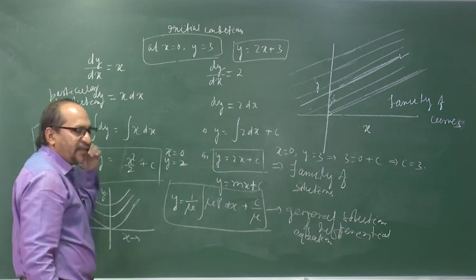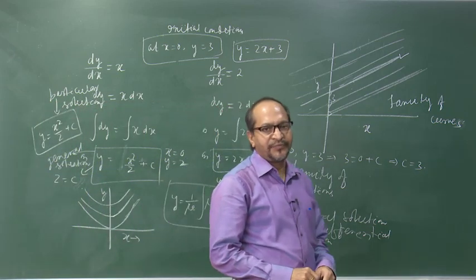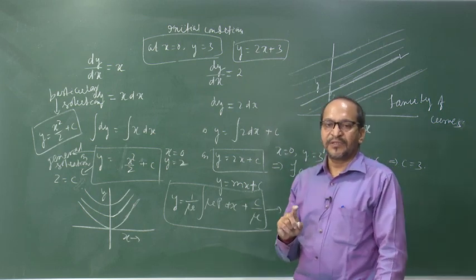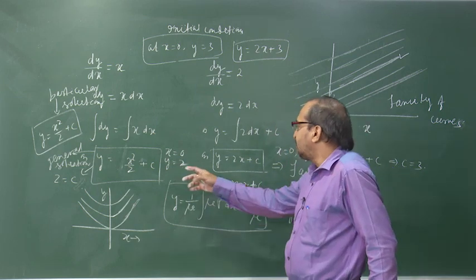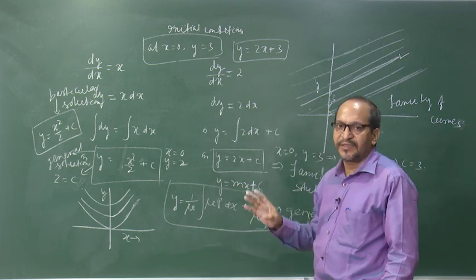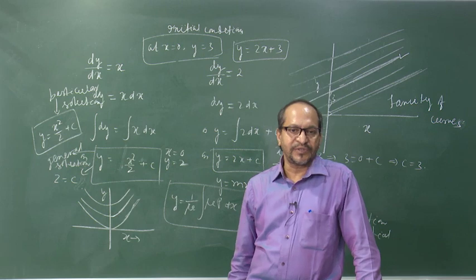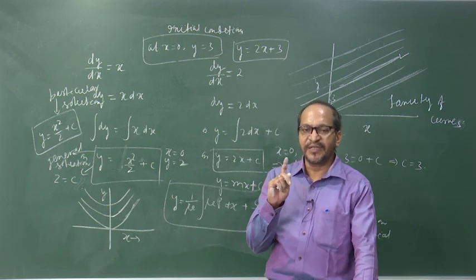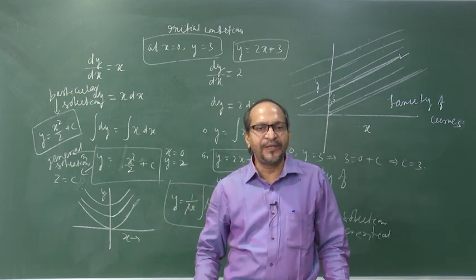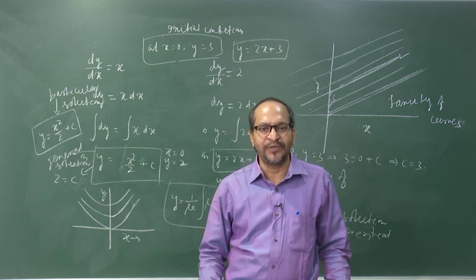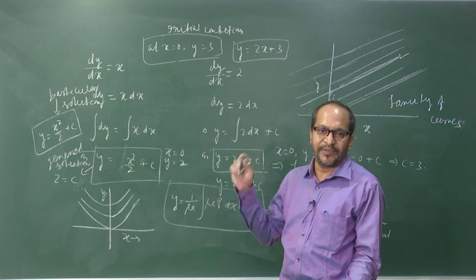So, from the general solution of an ordinary differential equation, okay, I have forgotten to mention the term ordinary. All these differential equations I have discussed till now are called ordinary differential equations, because here the differential equation involves only one independent variable, x, and the derivatives are exact derivatives.